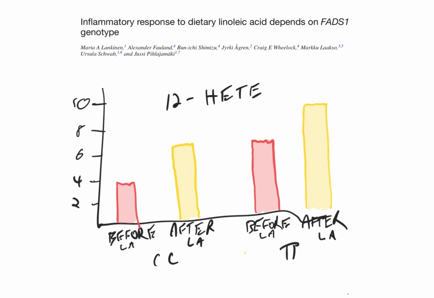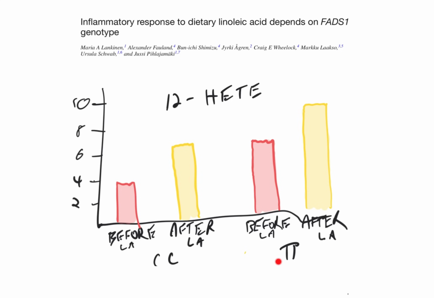And so if you eat linoleic acid, D5D and D6D convert it to arachidonic acid, of course, and then it's released by phospholipase, and cytochrome P450 1B1 oxidizes it, you have 12 HETE, right? And so if you have this genetics with low D6D activity, you have less 12 HETE.